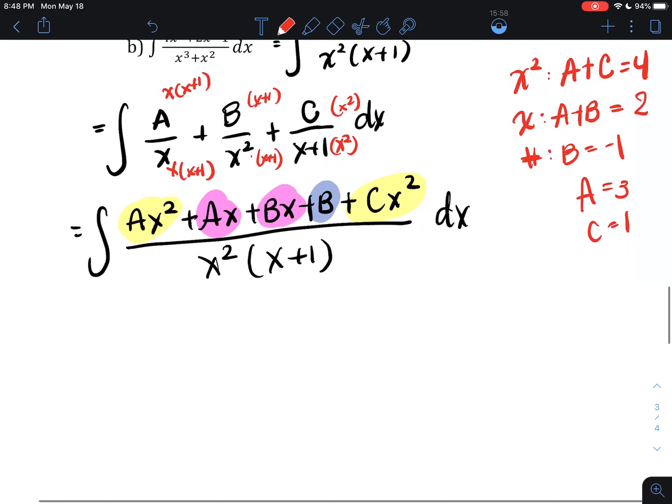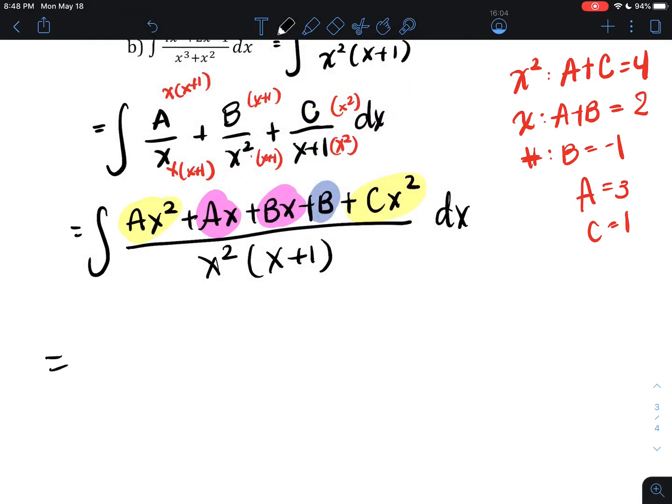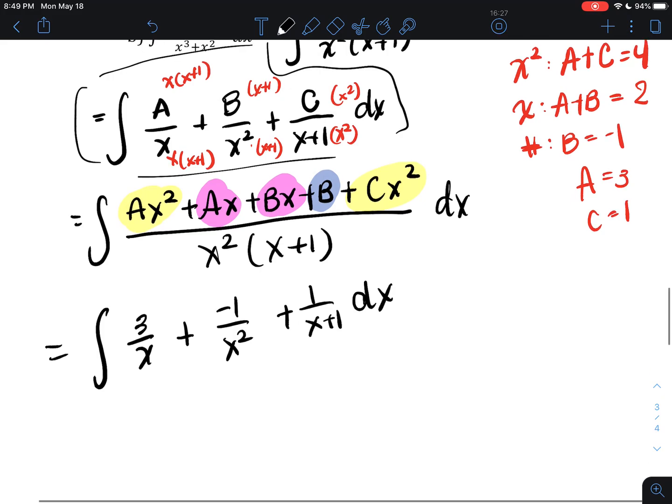So now I have values for a, b, and c. So I can rewrite this and go back to this one before the red. So I have the integral of 3 over x plus -1 over x squared plus 1 over x plus 1 dx.